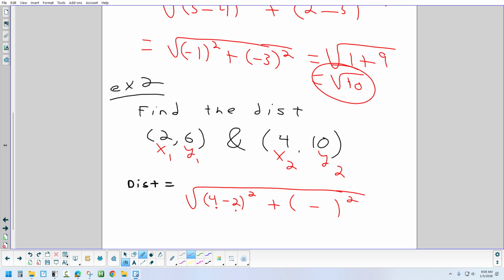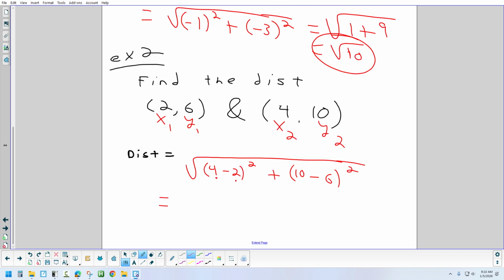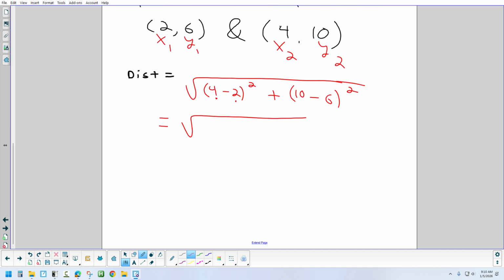Y2 minus y1, which is 10 minus 6. Okay, so let's simplify what we've got there. Madison, what's 4 minus 2? 2. And then when you square it, 4. And 10 minus 6, 4. And when you square 4, 16. Okay, so we get square root of 20.